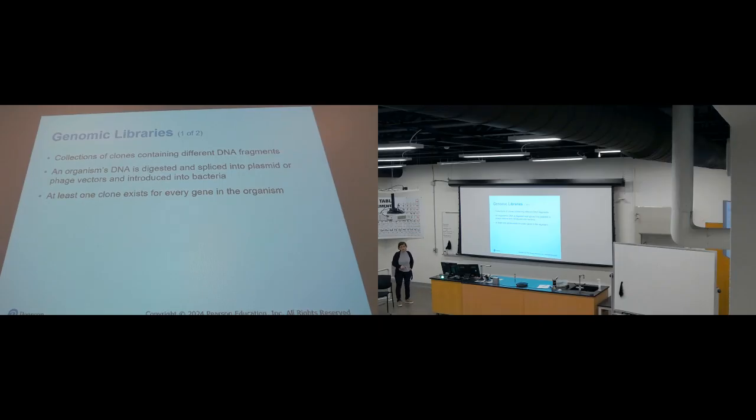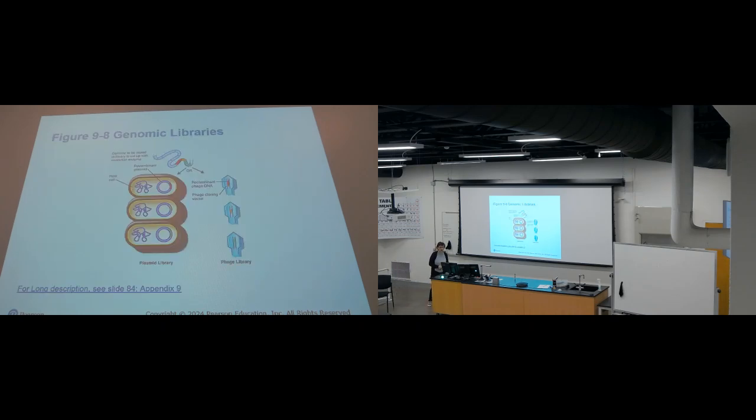And maybe you want to keep a piece of the vector or not, depending on how you want to make your library, with only purified genes or not. But you can have a clone for every existing gene in the organism if you want to, and then you will have your gene library.